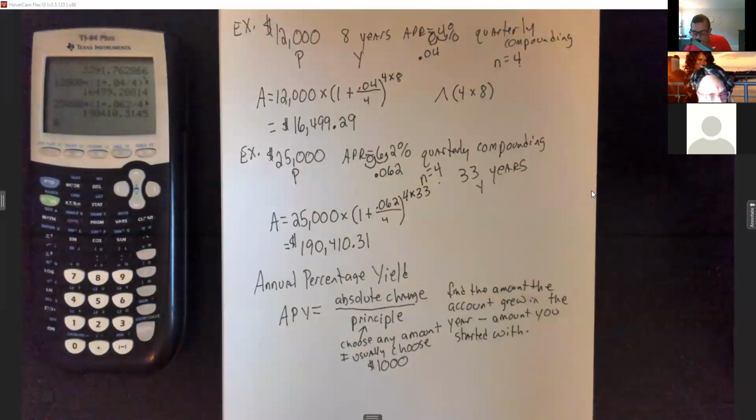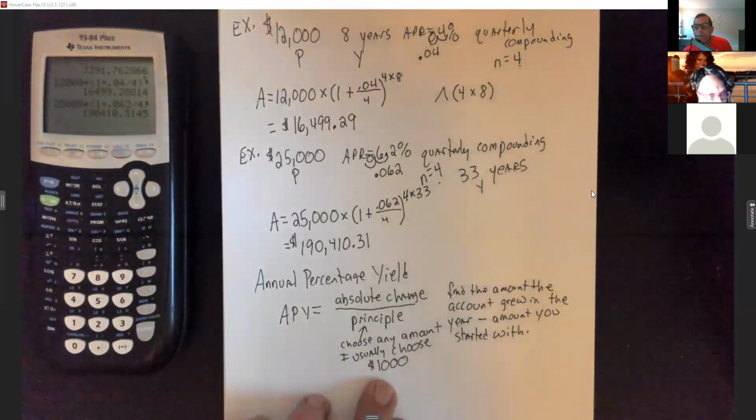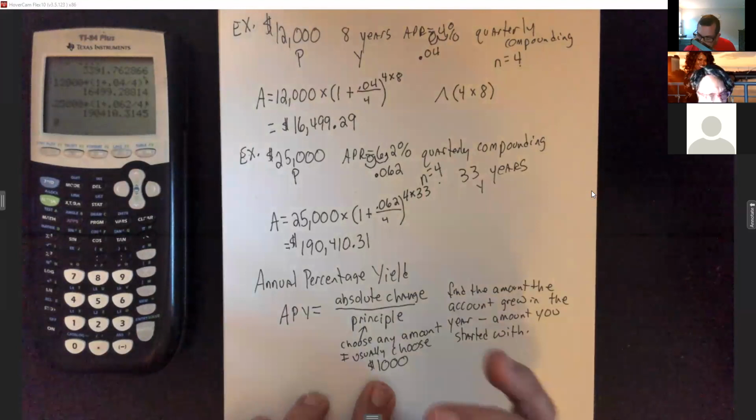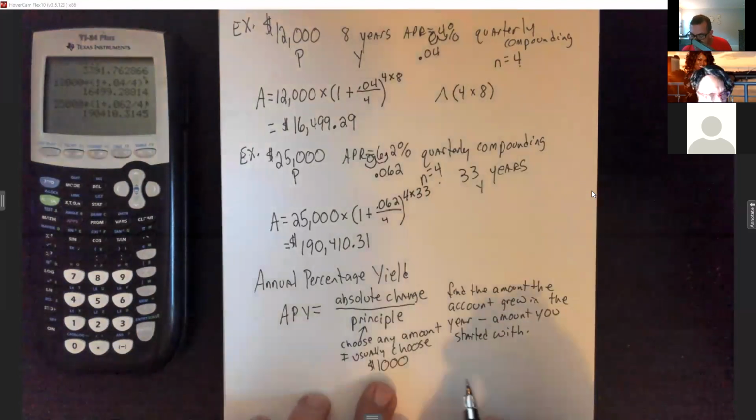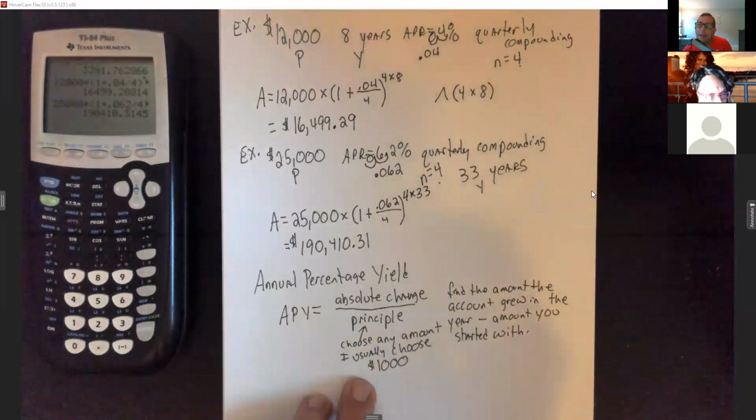So say I did invest this $1,000 and I invested it at say 5%. Okay. And it did all of its compoundings. And after the end of the year, I ended up with $1,054. So the absolute change would be that 1,054 minus the 1,000 I started with. It would be the amount it actually grew, which would be the $54, okay? And I'll show you those when we're working these problems also.